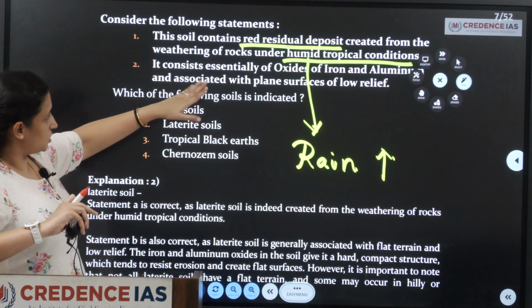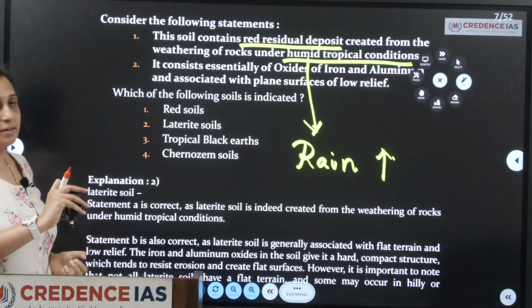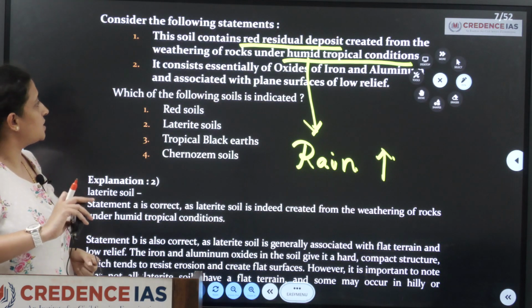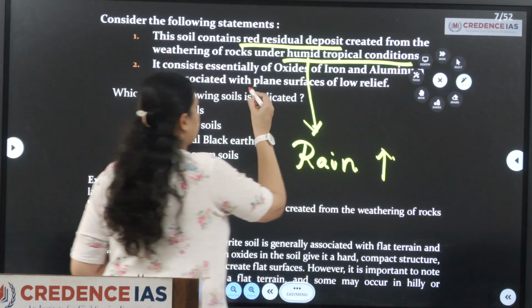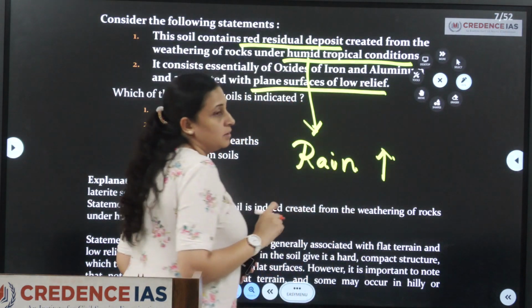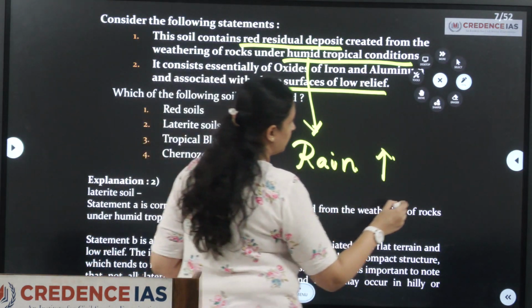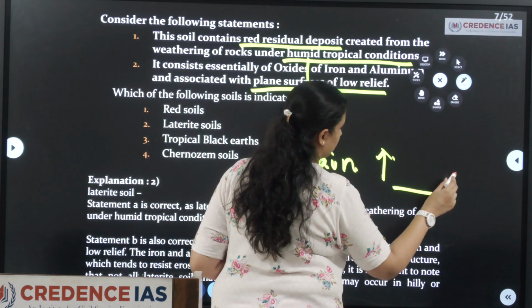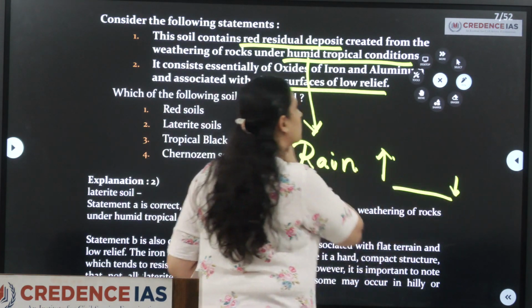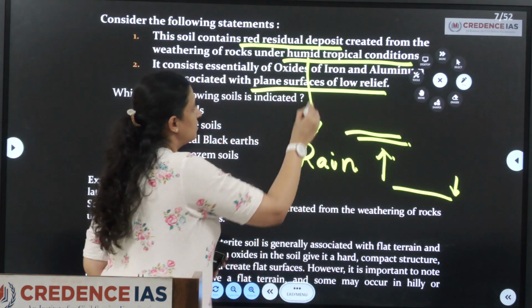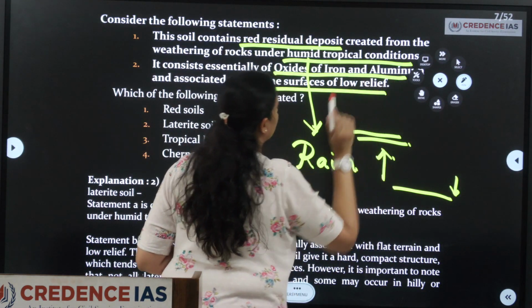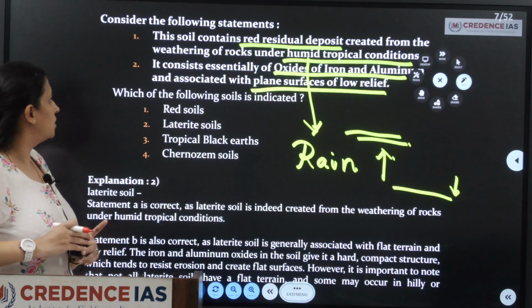It consists essentially of oxides of iron and aluminium and is associated with plain surfaces of low relief. Low relief means the elevation above sea level will be very less, plain surfaces. Here the keyword is oxides of iron and aluminium.